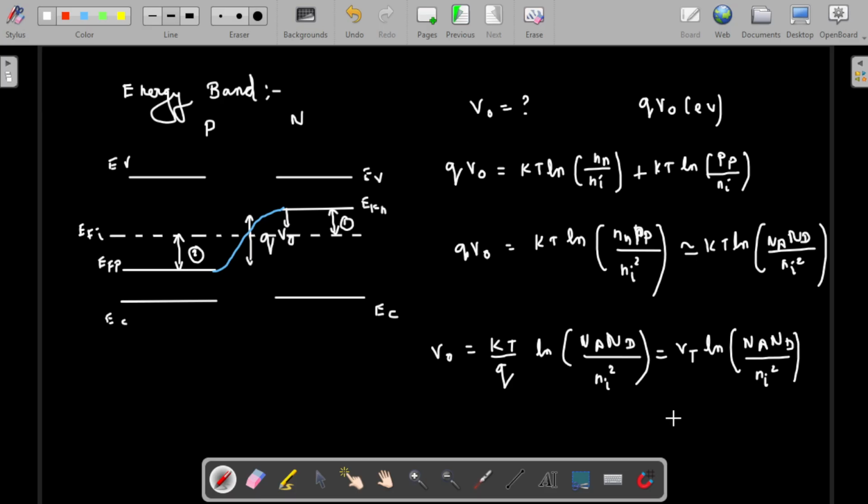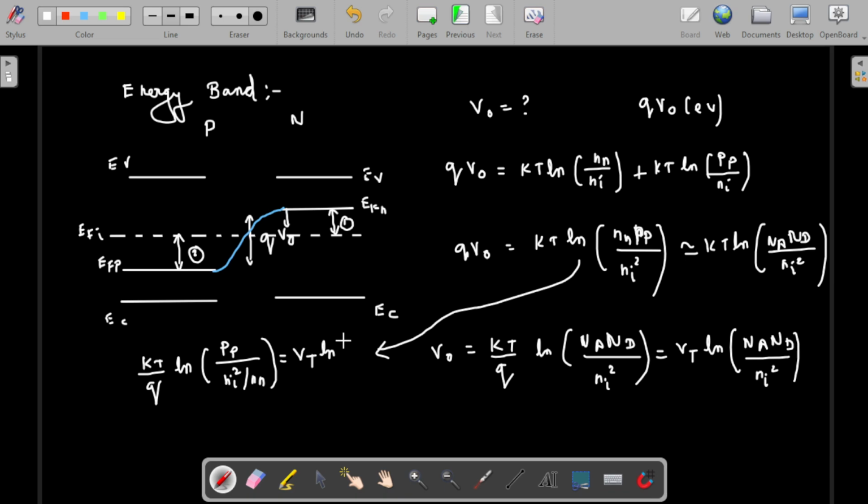Now we can divide this term. If we have to make it particular to one type, we can write it as kT by q ln, dividing by the minority charge carrier: PP ni squared divided by NN, which can also be written as VT ln(PP divided by Pn).